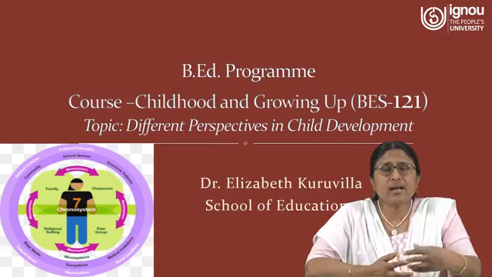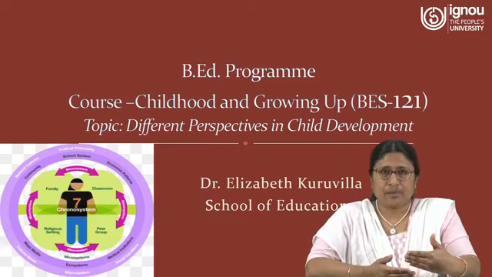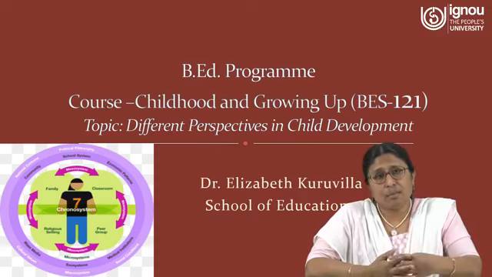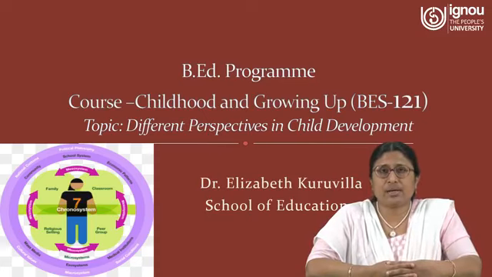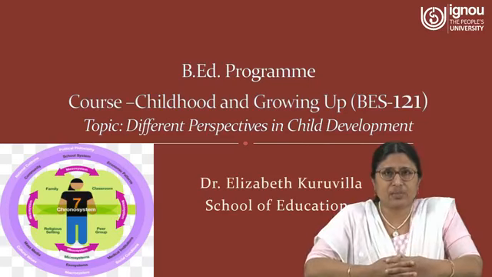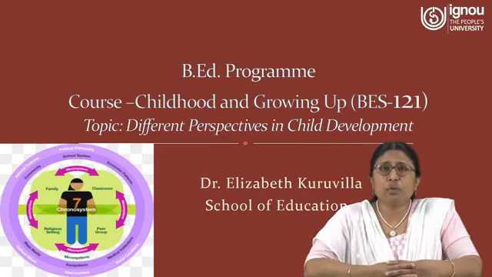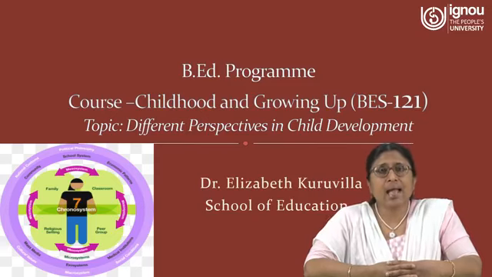And when we come to the next perspective, that is the bioecological perspective, what is the importance of this perspective? It was put forward by Urie Bronfenbrenner, who put forward the ecology of human development.